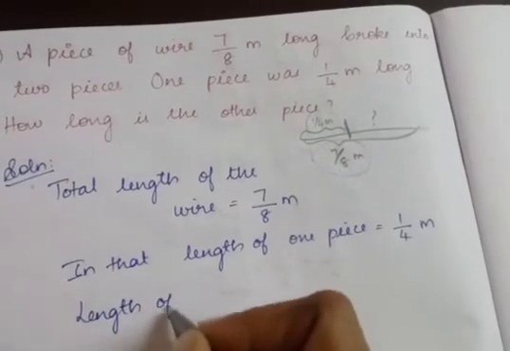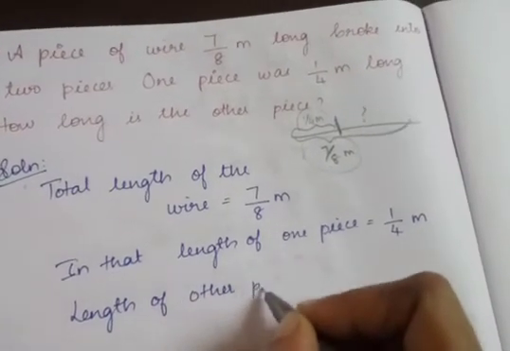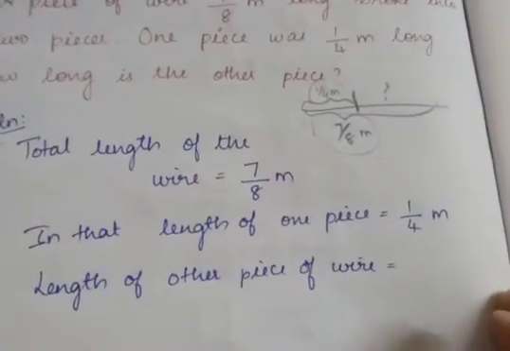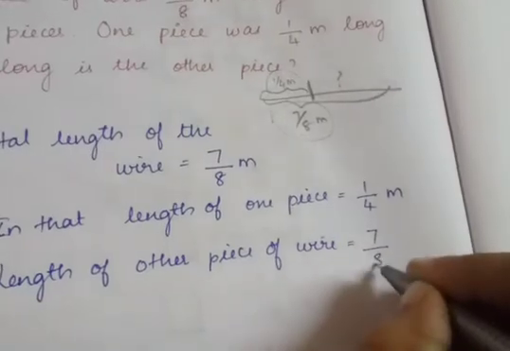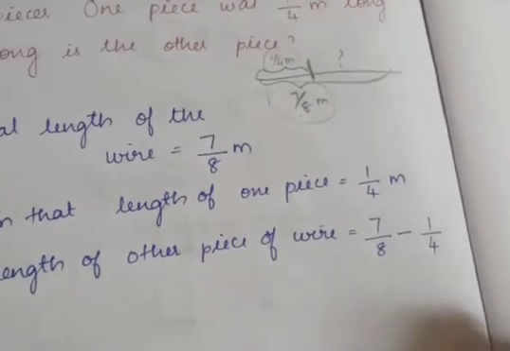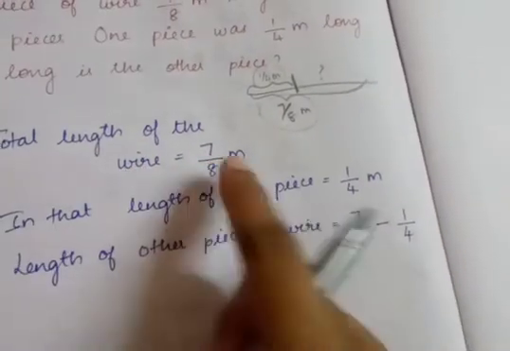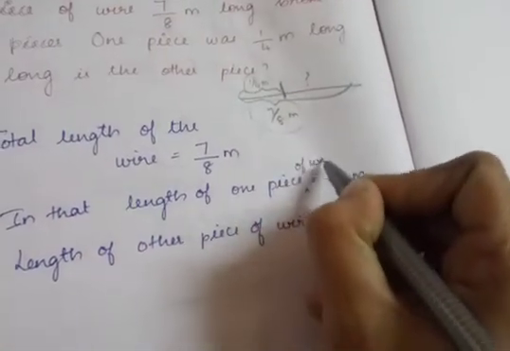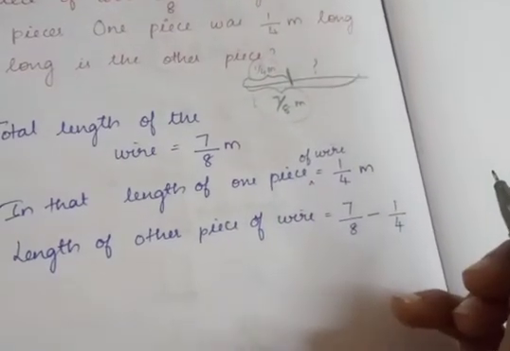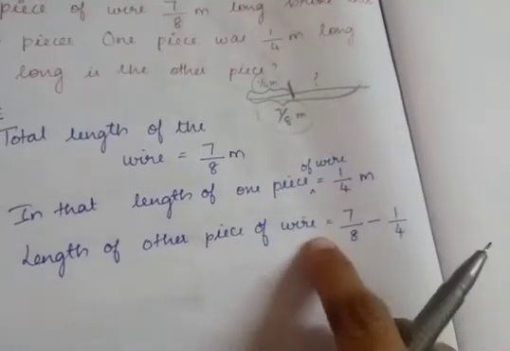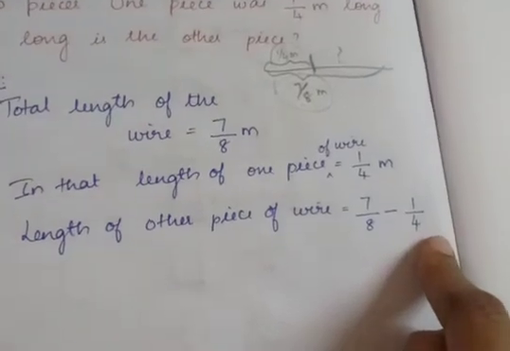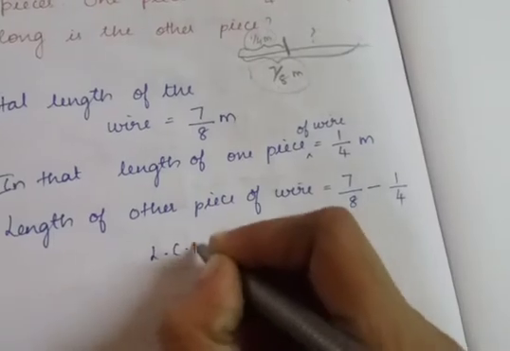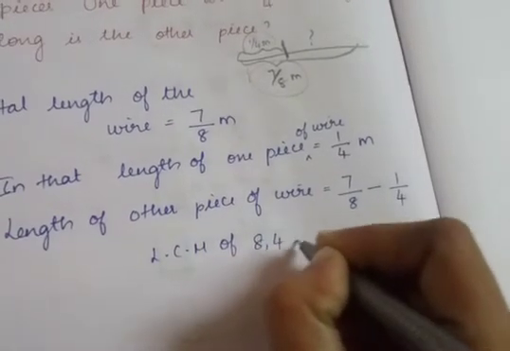Length of other piece of wire is, how you will find the other piece of wire? 7 by 8 minus 1 by 4. Yes, this is the total length of the wire. In that, length of one piece of wire is 1 by 4 meter. Length of other piece of wire is 7 by 8 minus 1 by 4. Both have different denominators. So what you will do? LCM of 8, 4.